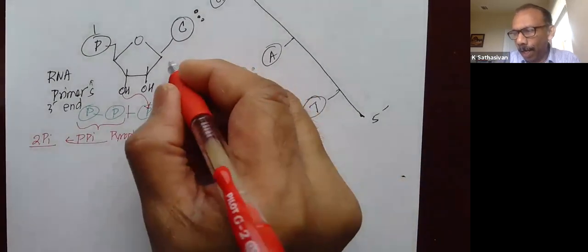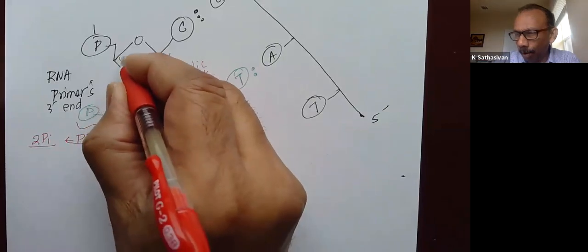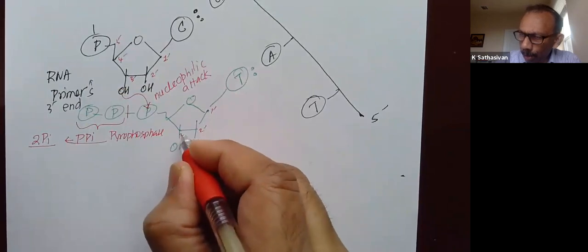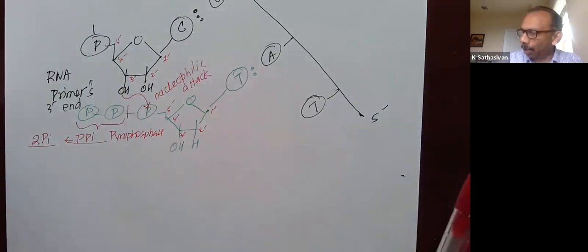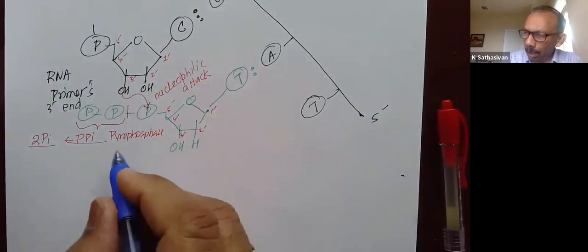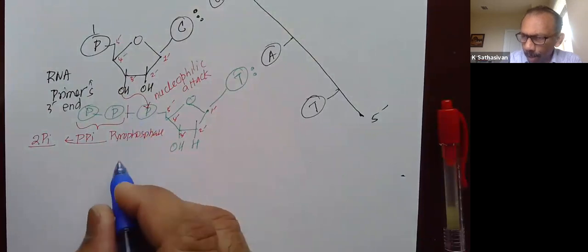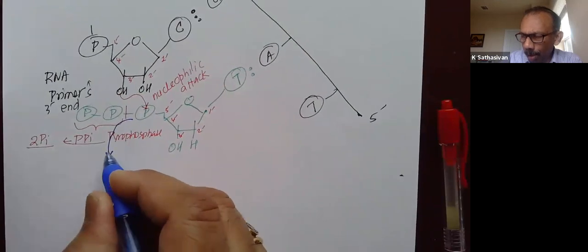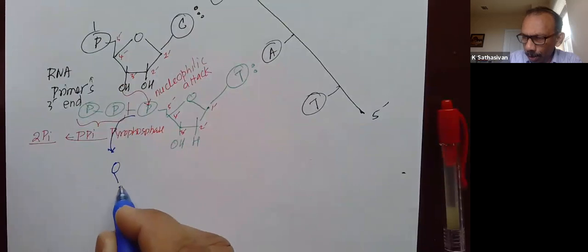Okay, but if you were to look at the numbering 1', 2', 3', 4', 5', same here, 1', 2', 3', 4', and 5'. So this reaction will result in, I'm going to put that here, the oxygen connected to this phosphate.